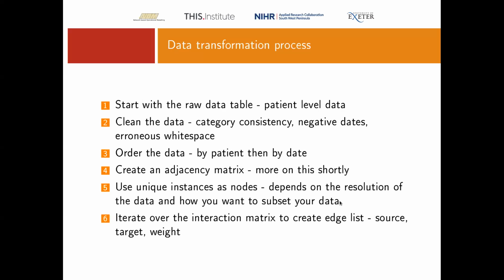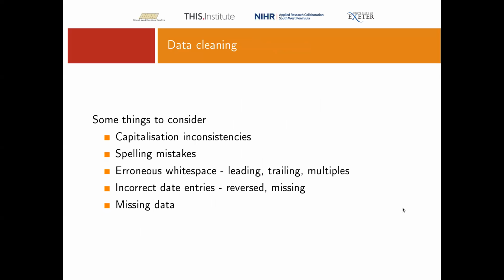And what we do is then iterate over the interaction matrix, our adjacency matrix, to create our edge list and to look at what our source and target nodes are and the weight of the edge between those source and target nodes. In terms of data cleaning, these are just some things you want to consider.